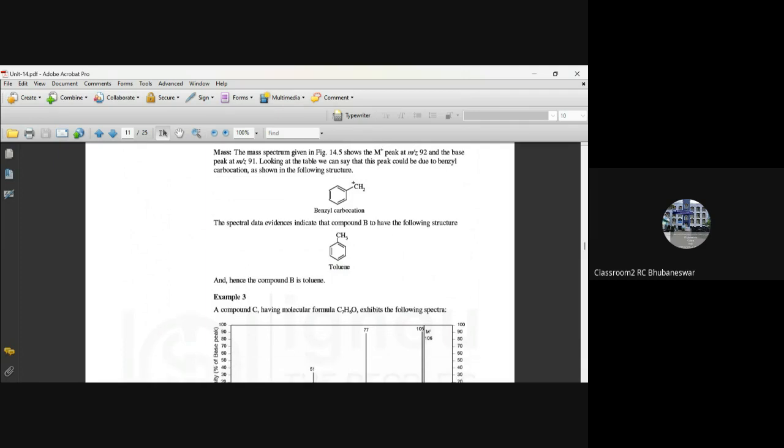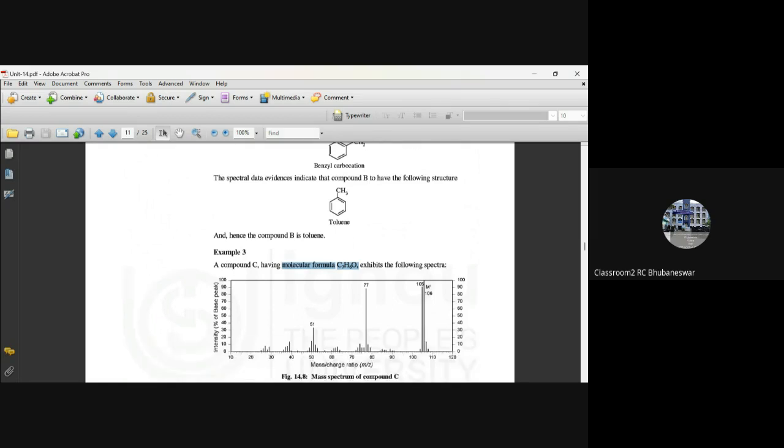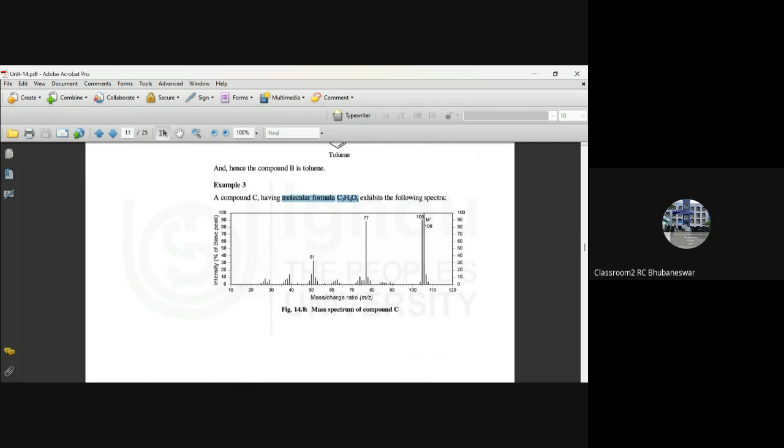So similarly, when the question comes in your GATE-NET exam, you have to observe all the things very carefully, because only the molecular formula will be given, and later on you have to do the structural elucidation by the spectral information provided to you. Not much information will be there.